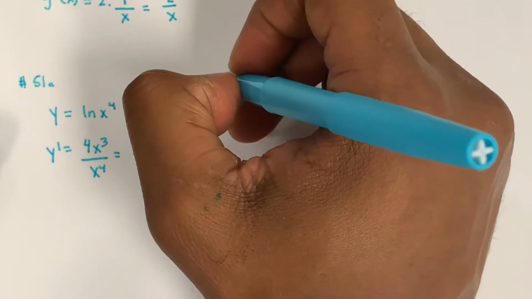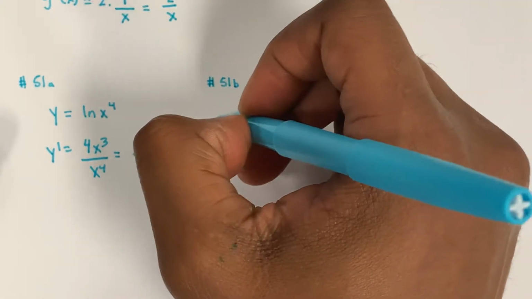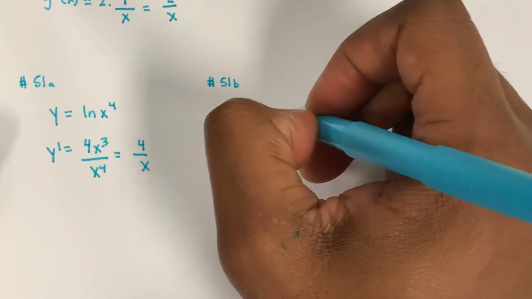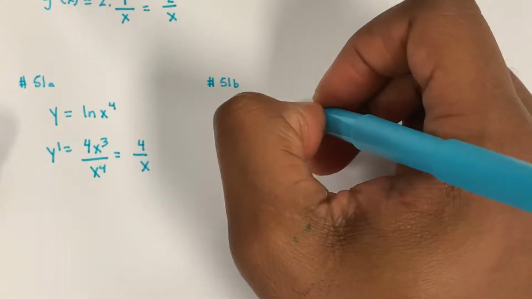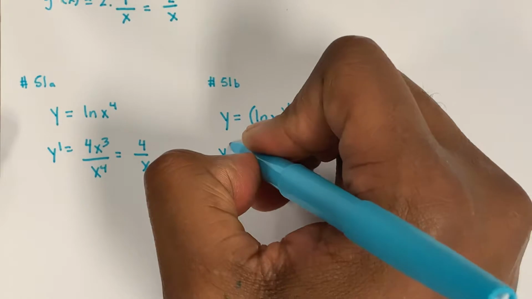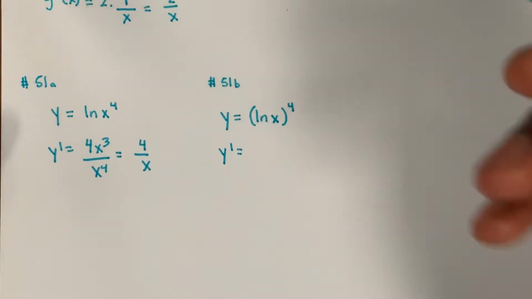Over here, we put a 51B, but this time we make it y equals the natural logarithm of x, and that quantity is raised to the fourth power. Then when we do that derivative, we get y prime equals, and this goes back to using the chain rule.